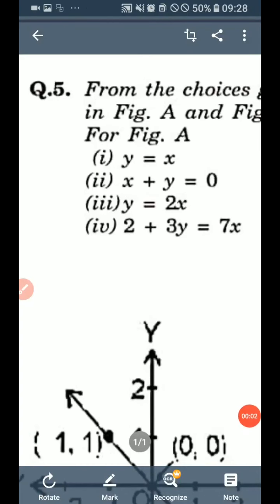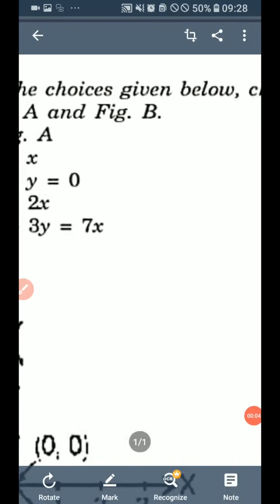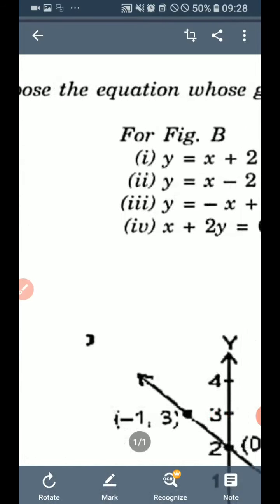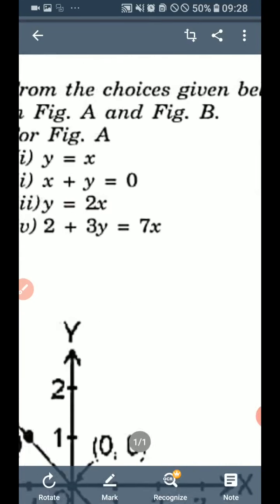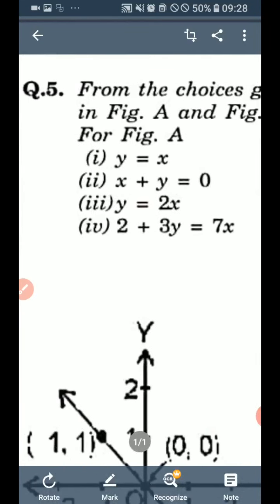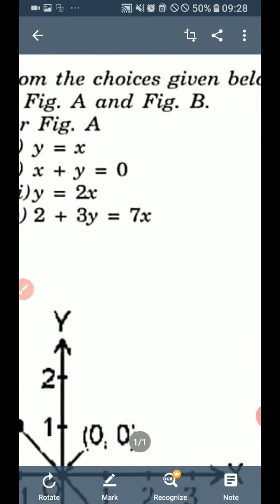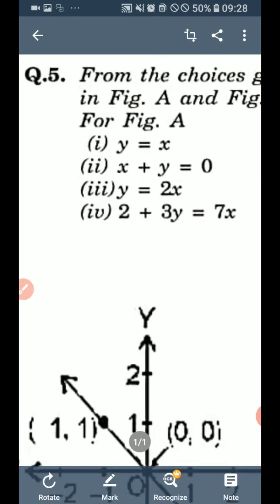Question number 5. From the choices given below, choose the equation whose graphs are given in figure A and figure B. For figure A: x plus y equal to 0, y equal to 2x, and 2 plus 3y equal to 7. Right?